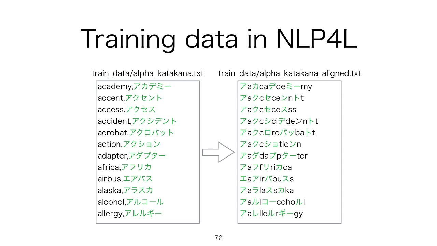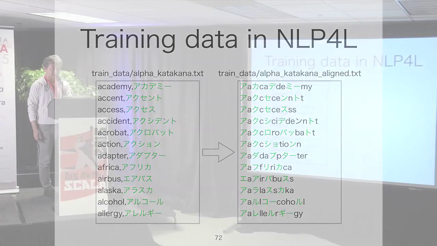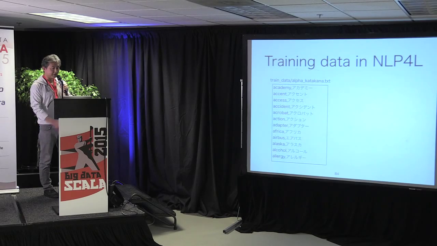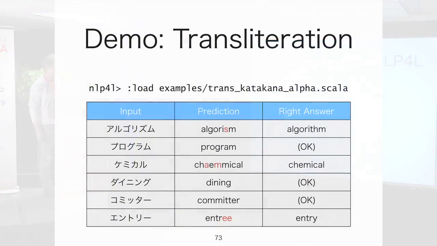NLP4L has this kind of training data that is a list of English-Japanese loanword pairs. I've gathered them from the internet. Then I applied them for alignment. This aligned data can be used for training HMM.